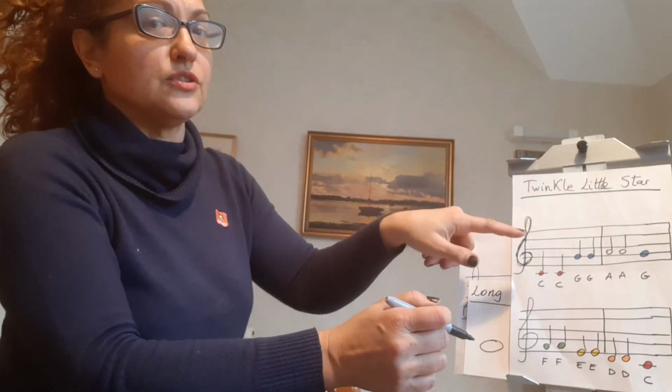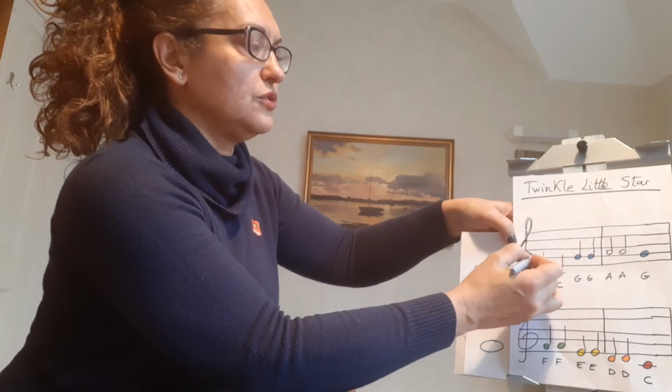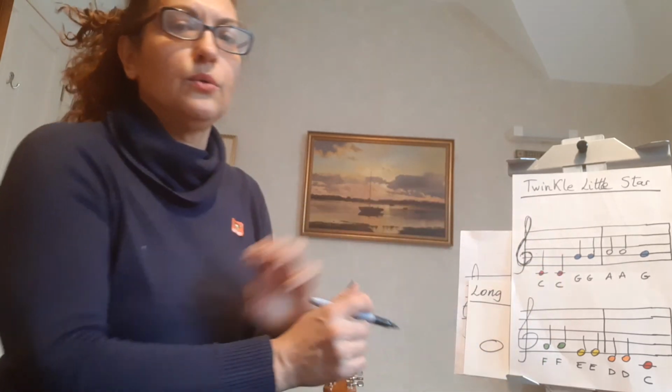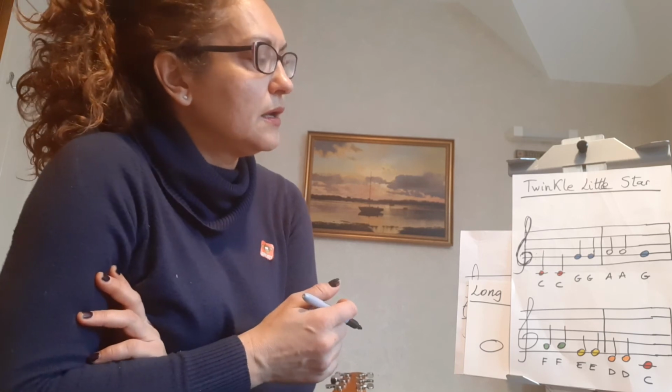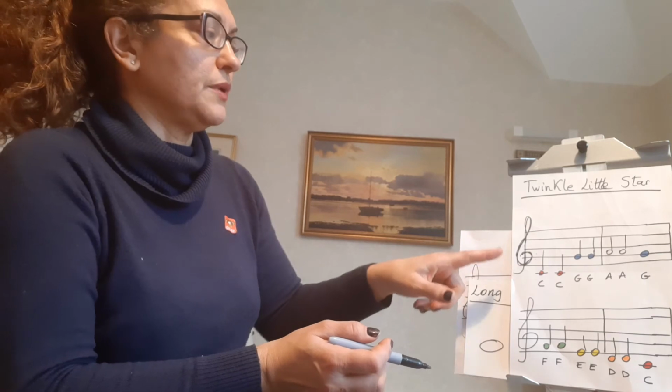And it is a G actually. In the old times, they used a capital G, very decorated G, to show that the second line was a G. And all the notes from there will be called upon.